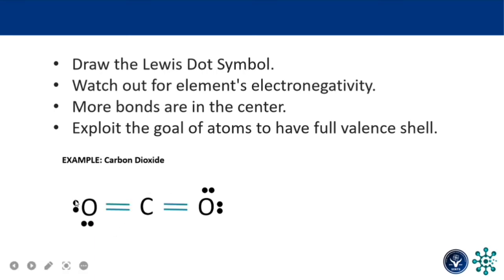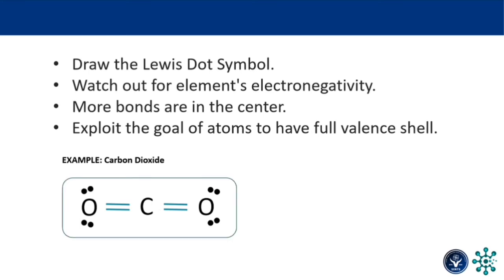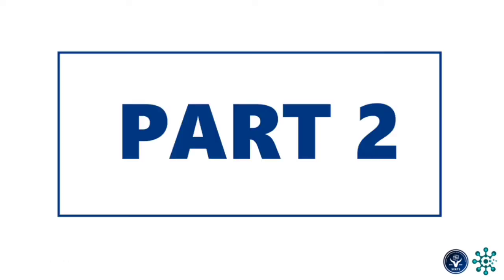Let us check: 2, 4, 6, 8, 2, 4, 6, 8, 2, 4, 6, 8. In this case, we already have the structure for carbon dioxide. All of the atoms have a full valence shell. We just rearrange the dots, and this is the Lewis structure for carbon dioxide. It has 2 sets of double bonds.